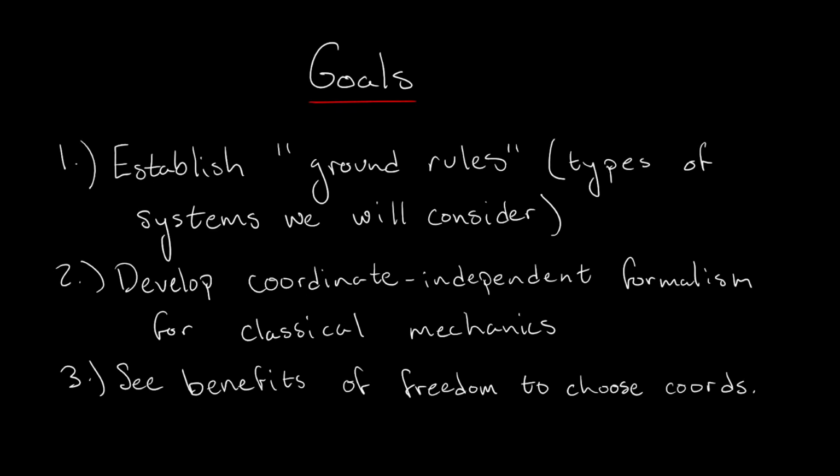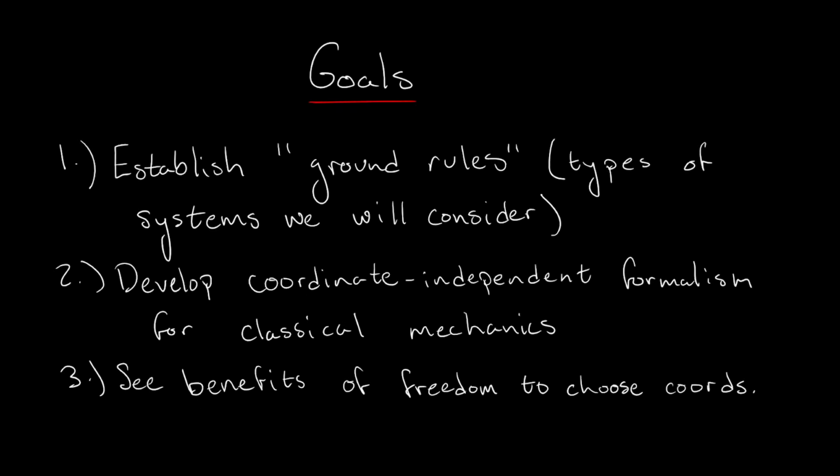In the future we might be considering a system where we want to use a special set of coordinates that might be really convenient, but in Newtonian mechanics might be clunky to get useful expressions from.